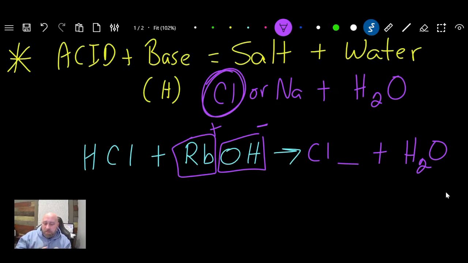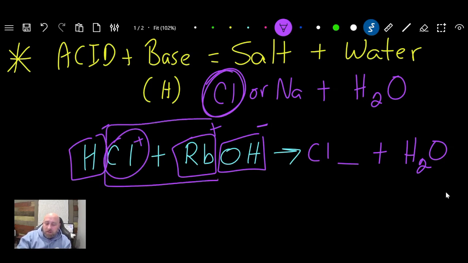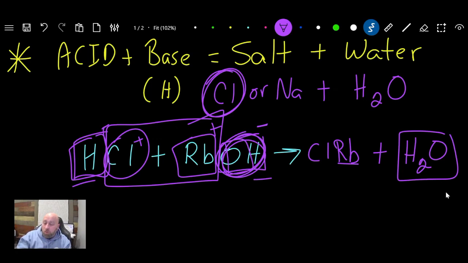Then you have to remember that the H is always going to be positive, and so that makes the Cl negative. So the Cl and the Rb go together. And then there's our H2 and our O, so there's two hydrogens, one oxygen. So there's our H2O left over.